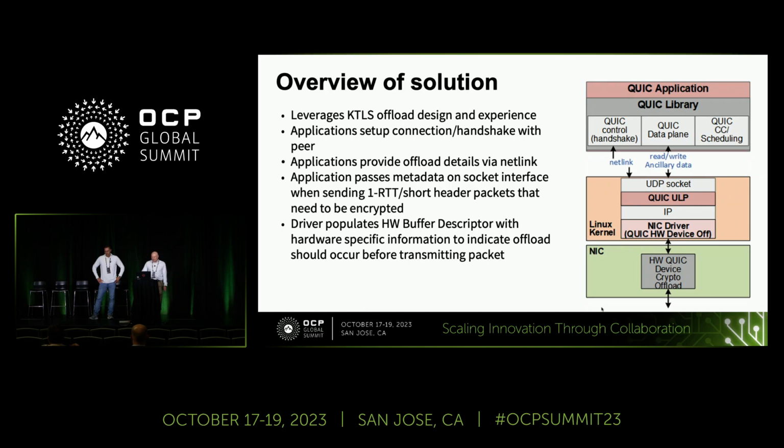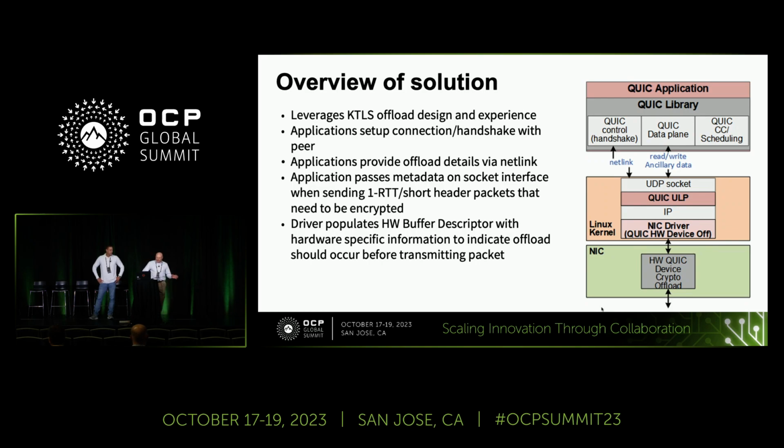There are a number of drawbacks with it, particularly in the way that TLS is handled at the application level, but we're using that experience. As with TLS, the setup, connection handling, handshaking, key exchange, all that is done in the user library. The kernel never really sees or deals with the keys. It's all handled at the application level.